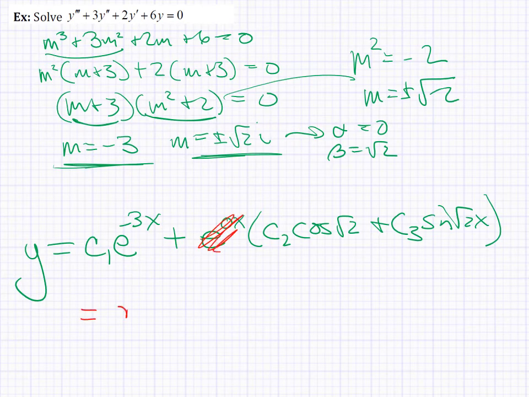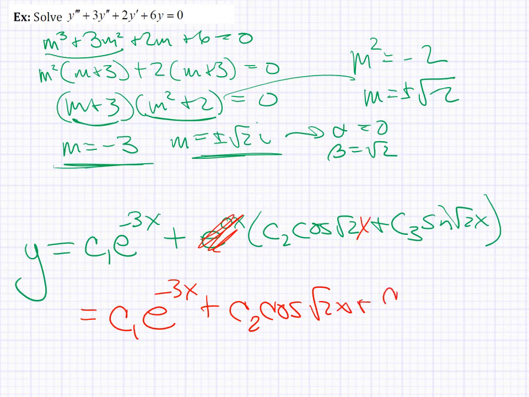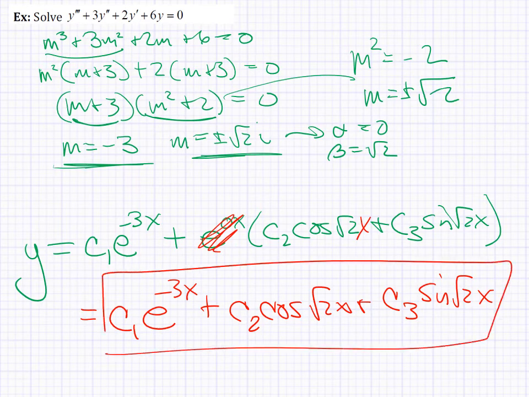So if I was to clean this up, c1 e to the -3x plus c2 cosine of square root of 2x, there should be an x here, plus c3 sine square root of 2x. There is our solution to our differential equation. And you notice we basically have these 3 functions here that solve the differential equation. All together gives us a general solution.